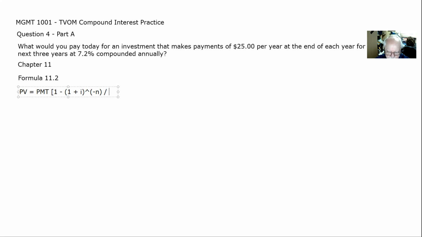And all that's divided by I. So writing it out that way makes almost no sense whatsoever. So let's try looking at what it would look like if we were able to write it properly.